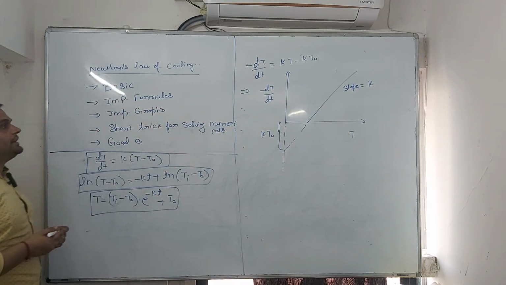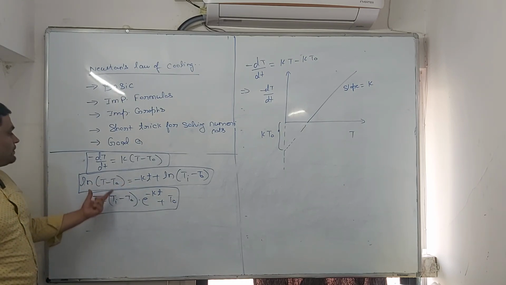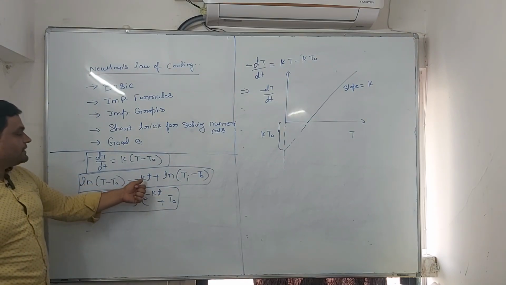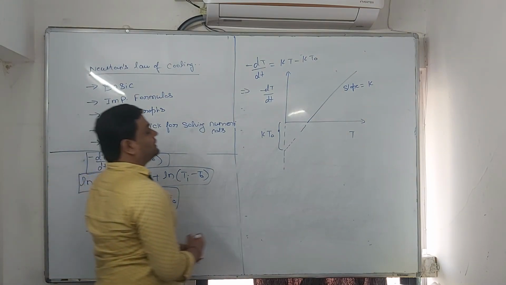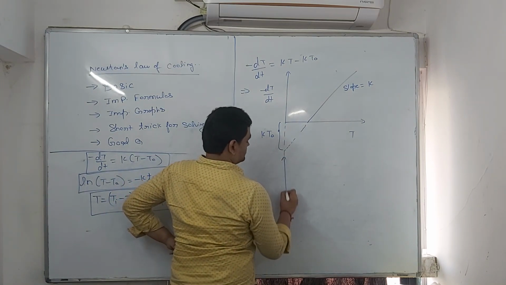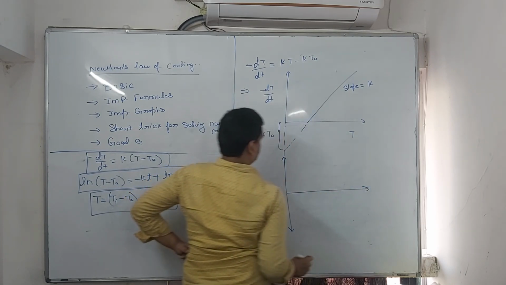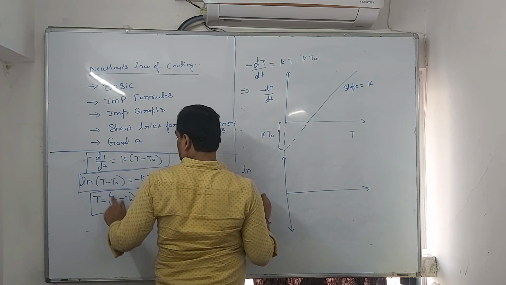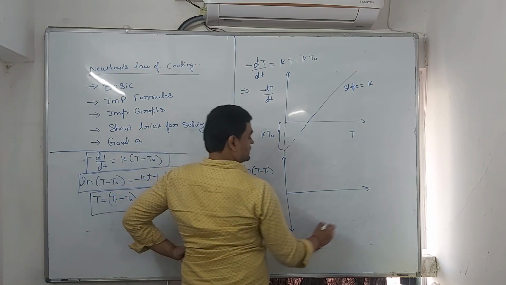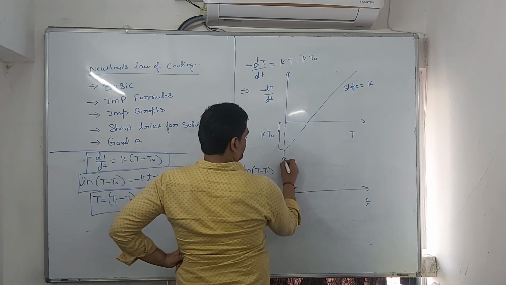Now the next one is this thing, y is equal to mx plus c. For this part the slope is negative, so here ln (T minus T naught), here temperature, and we will start.